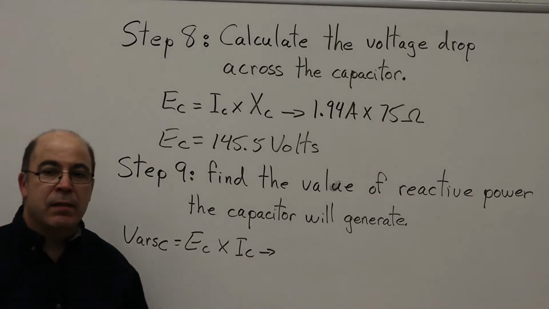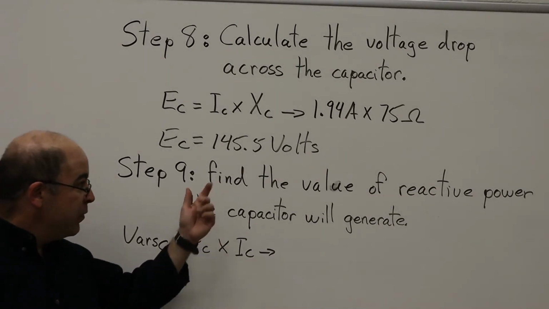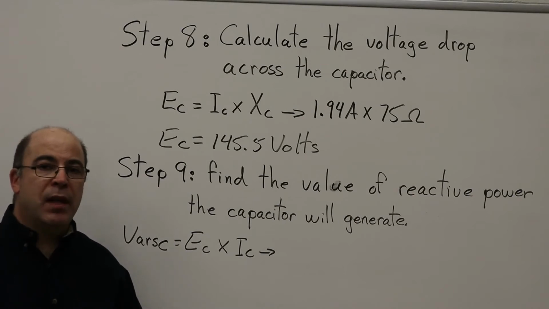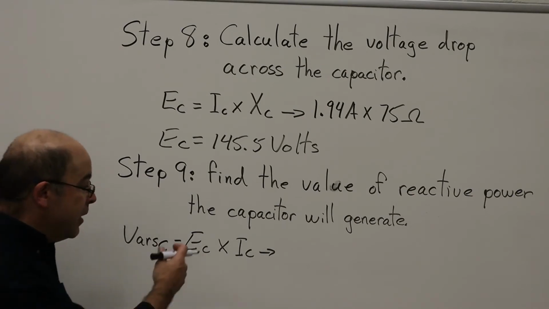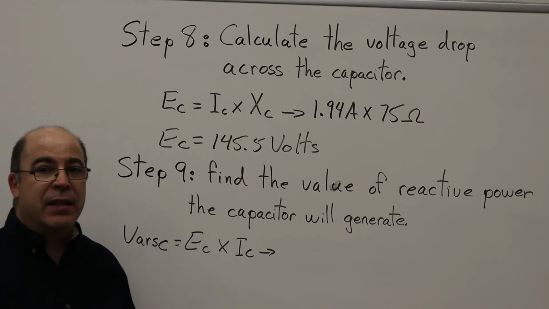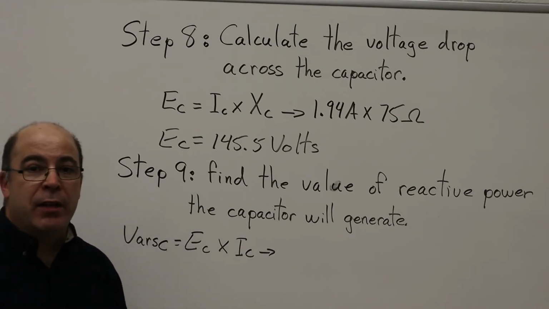Let's take the voltage drop that we've just calculated and multiply that by the current draw, and that's going to give us the value of reactive power that our capacitor will be generating.